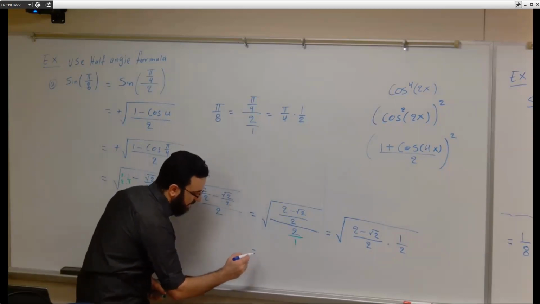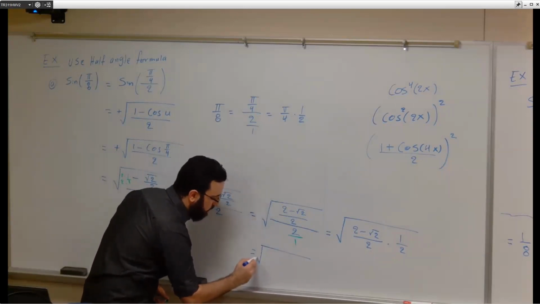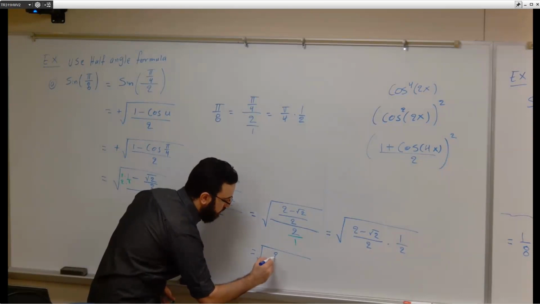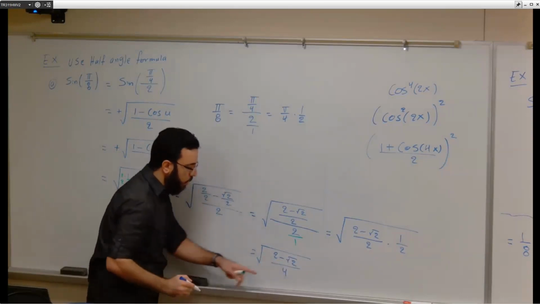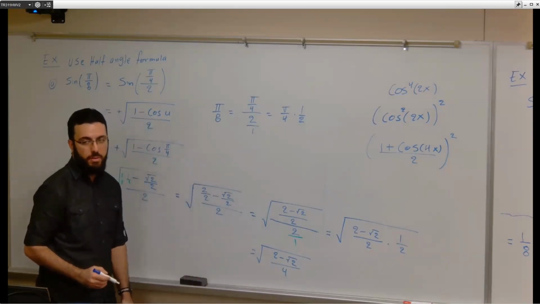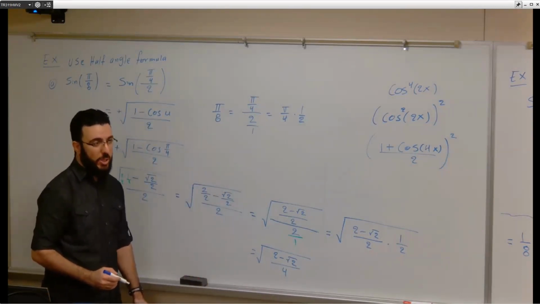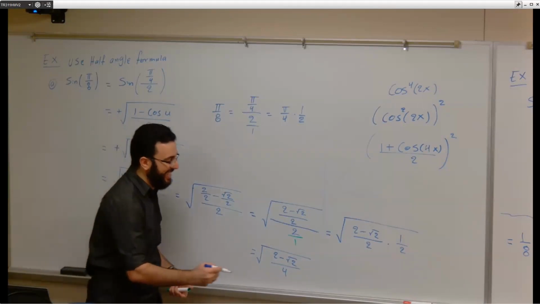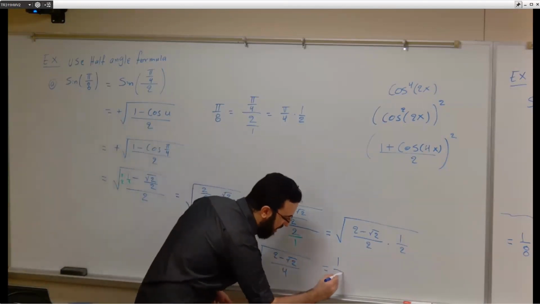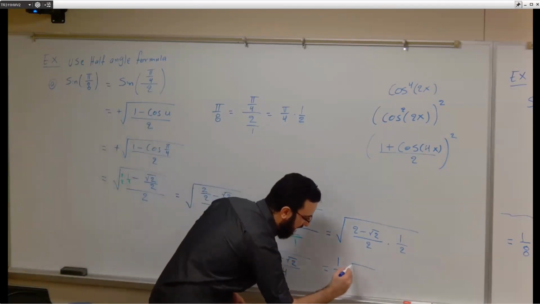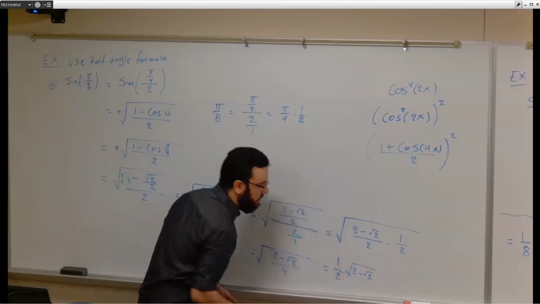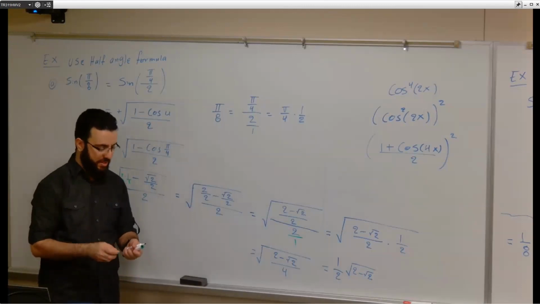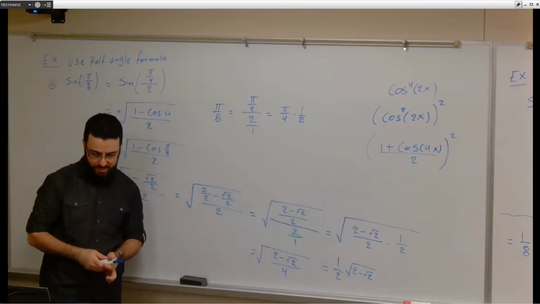So I'm going to add down here. It's going to be the square root of 2 minus square root of 2 divided by 4. What's the square root of 4? 2. So it's going to be 1 over 2, and here is the square root of 2 minus square root of 2. That's it. Don't have to simplify it anymore.